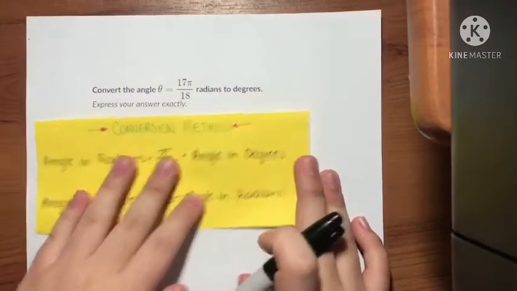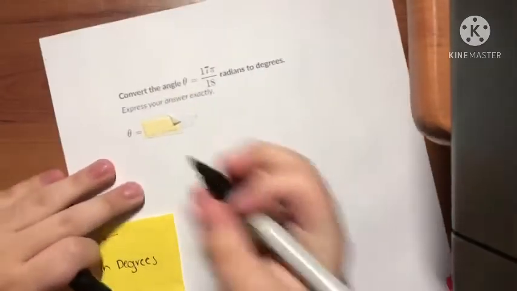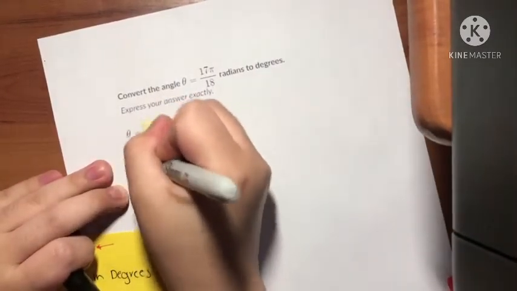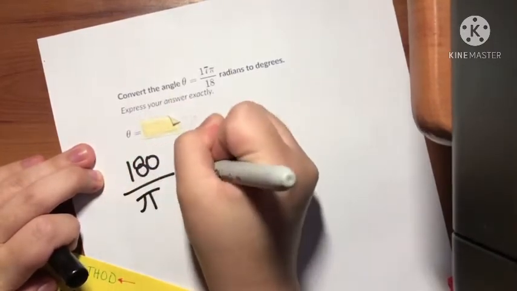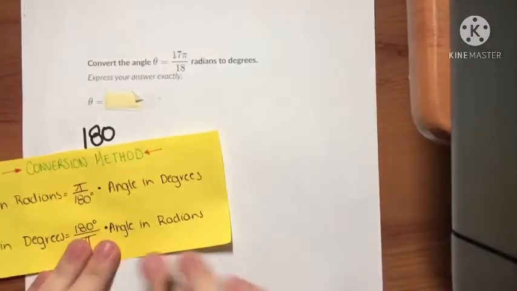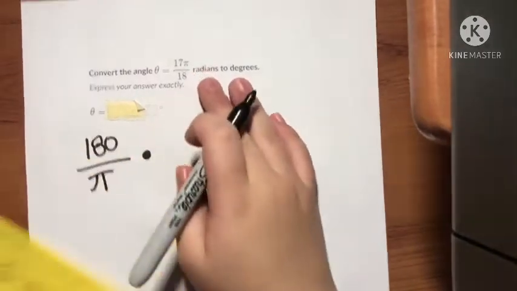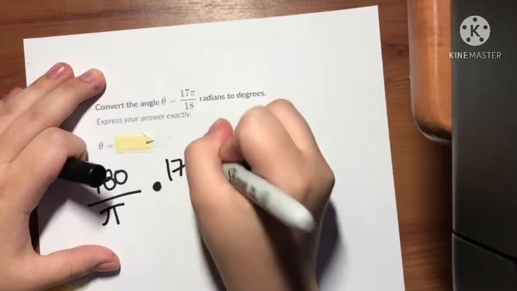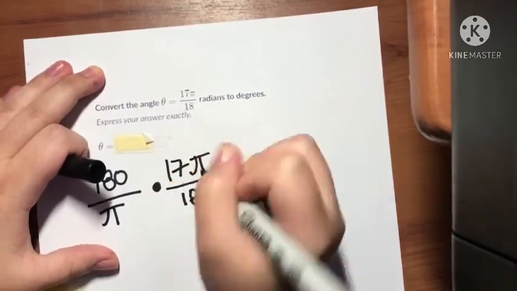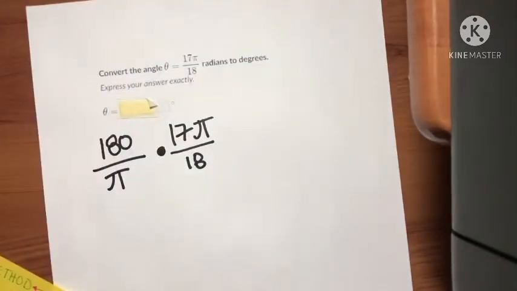Now let's copy: 180 over pi times angle in radians, 17 pi over 18. Now we multiply.